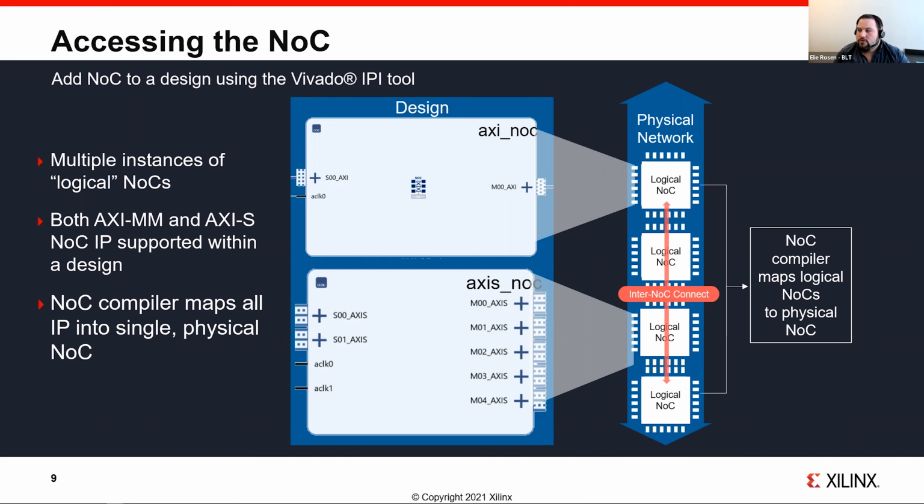Here we can have multiple NoC instances, where when the validation runs and the NoC compiler runs, it'll compress it all down into a single NoC solution representing everything that you tried to design in the IP Integrator. So you can have as many NoC instances as you'd like, any kind of configuration you could think of, and then the NoC compiler will handle bringing that all down to a single solution.